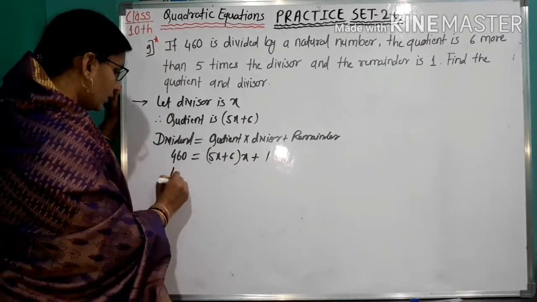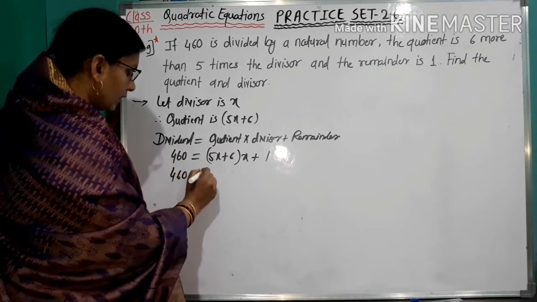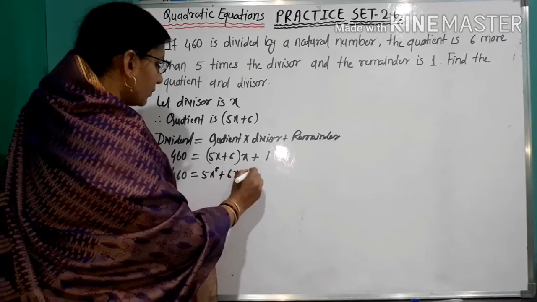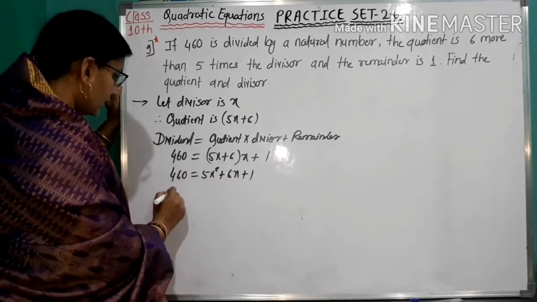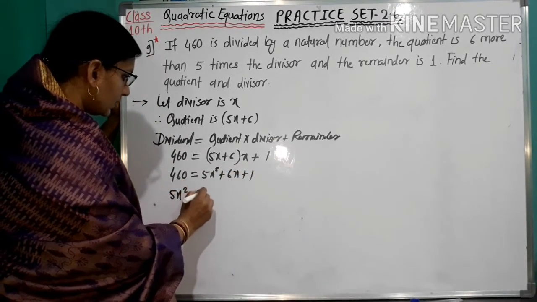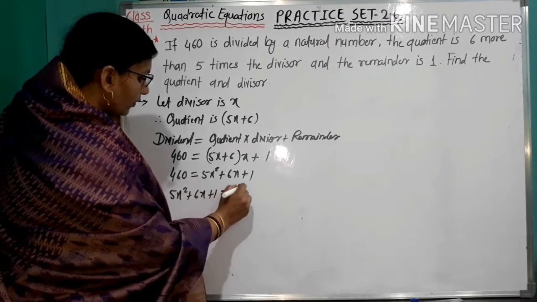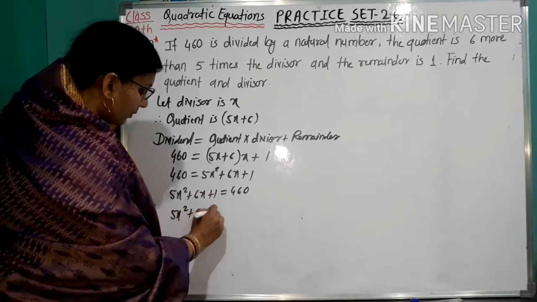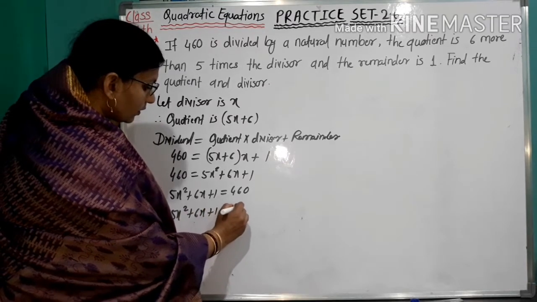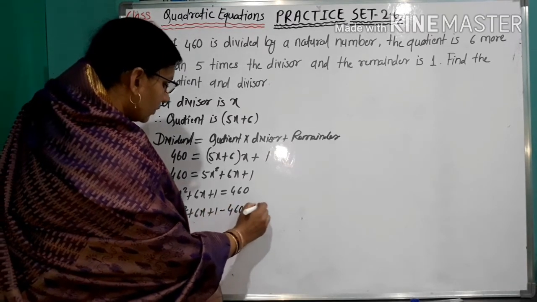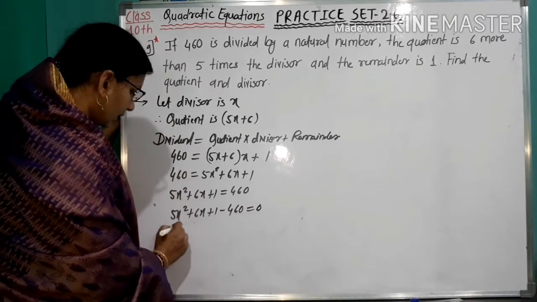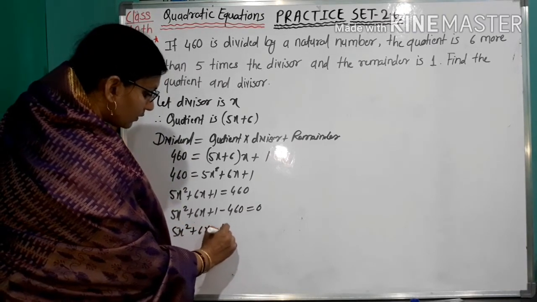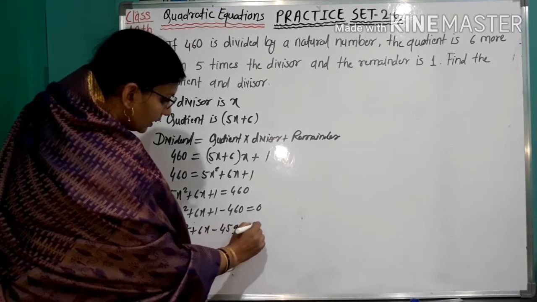If we solve this, 460 equal to 5x square plus 6x plus 1, that is 5x square plus 6x plus 1 minus 460 equal to 0. That is 5x square plus 6x minus 459 equal to 0.